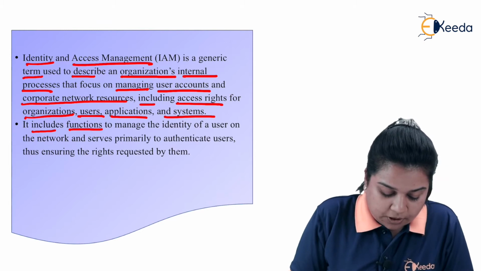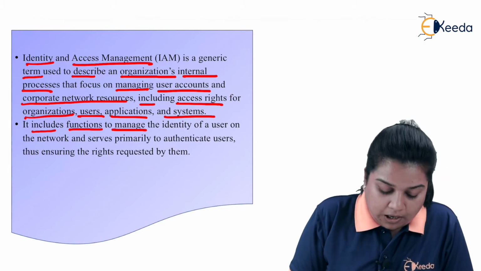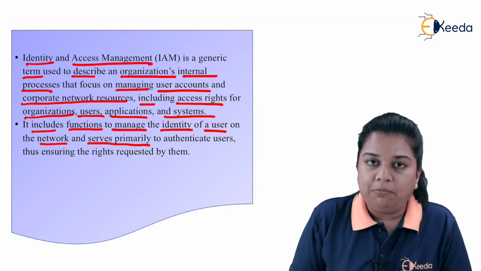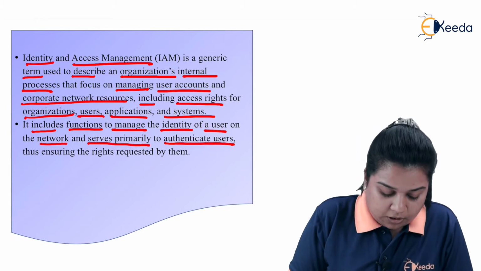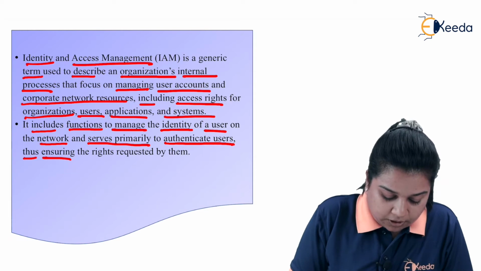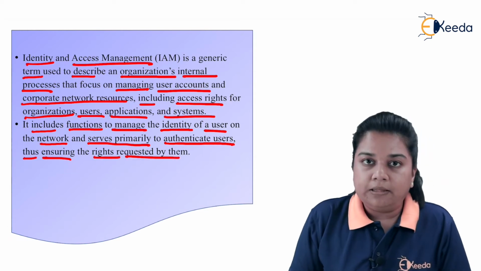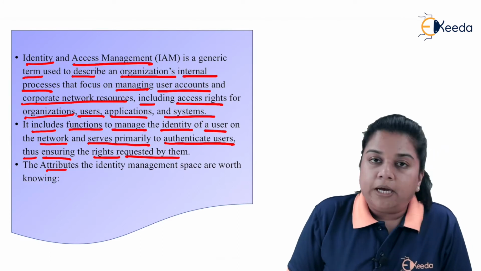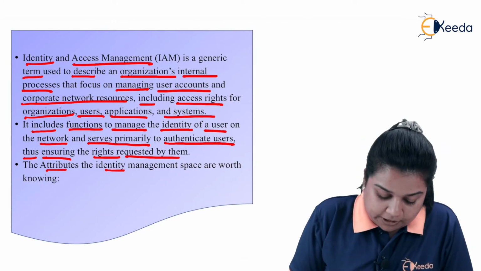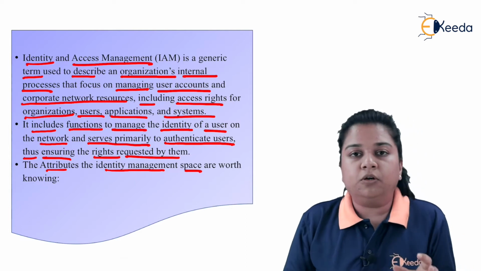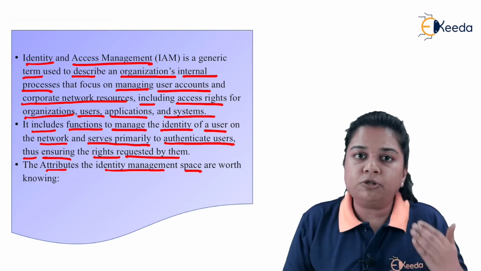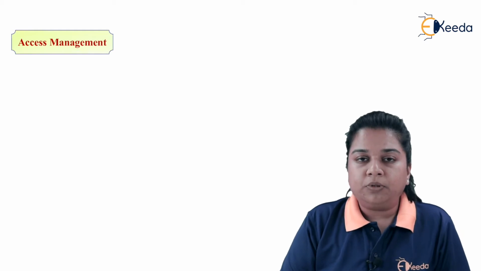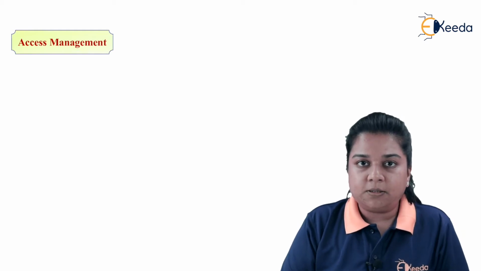It includes functions to manage the identity of a user on the network and servers, primarily to authenticate users, thus ensuring the rights requested by them. The attributes of the identity management space are worth knowing. That means, what are the attributes? How do they work? Now, let's take a brief discussion about the attributes of identity as a service.